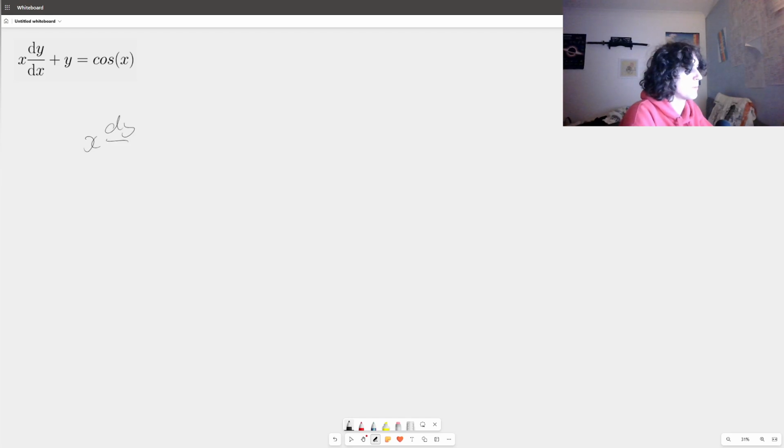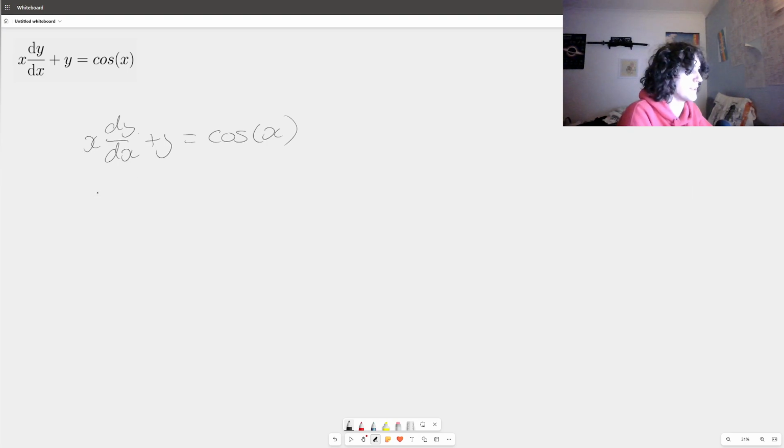So x dy by dx plus y is equal to cosine of x. Now we can see here that this is the application of the product rule. We have x times the differential of y plus the differential of x, which is 1 with respect to x, times y. And that's going to be equal to cosine of x.